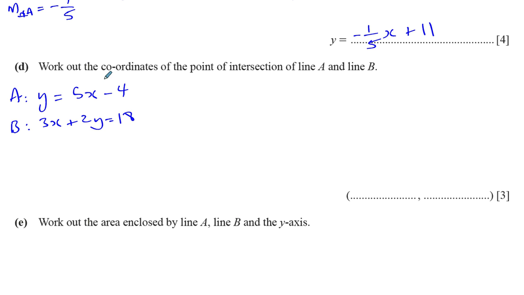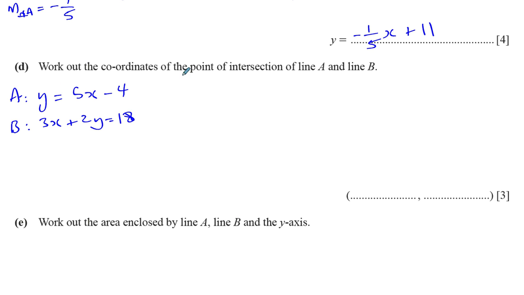To find the point of intersection, we have to find where they intersect, which is the point where they both have the same x value and the same y value. That's the point they both share.